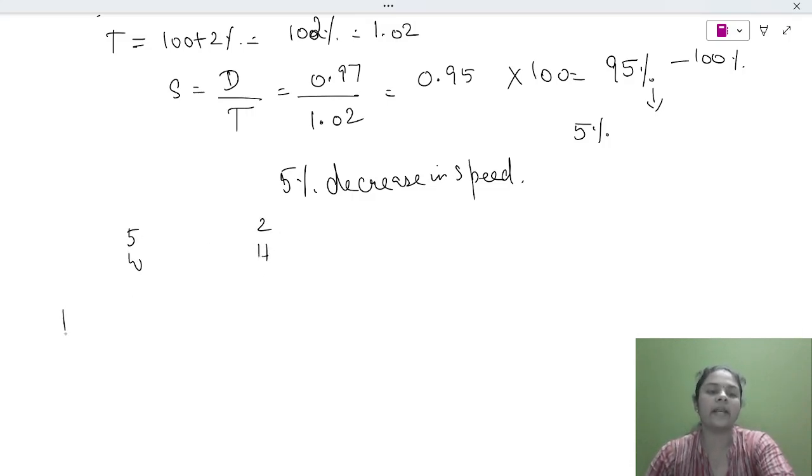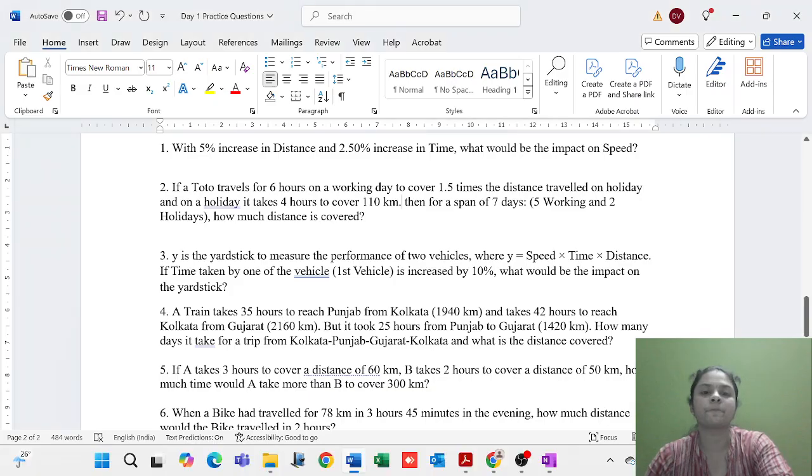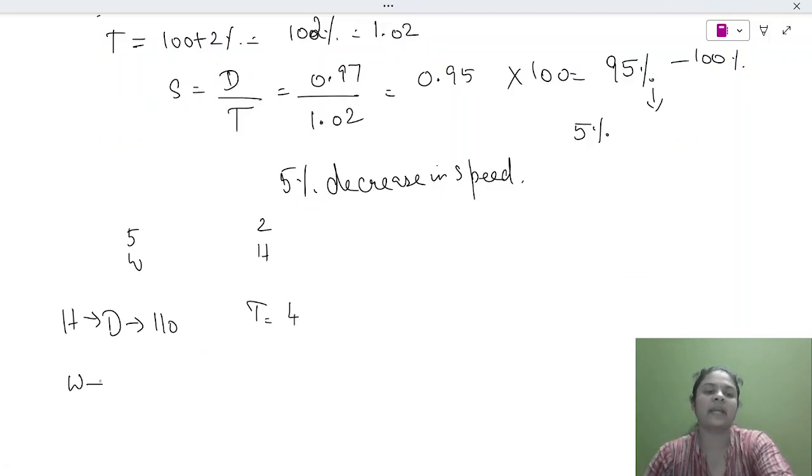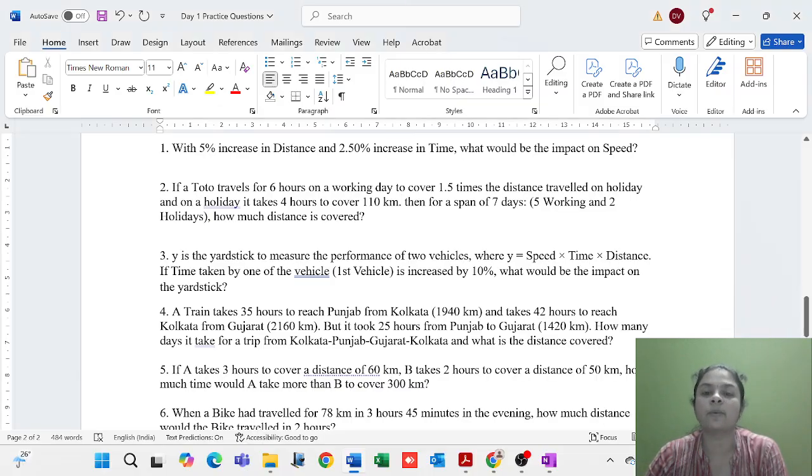So in a holiday, what is the distance covered? 110 kilometers. And what is the time taken? 4 hours. And on a working day, what is the distance covered? 1.5 times the distance travelled on a holiday.